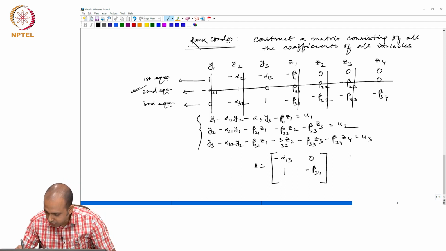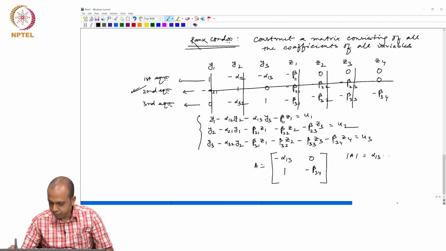So the determinant of this is alpha 1 3 into beta 3 4.